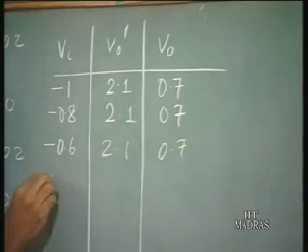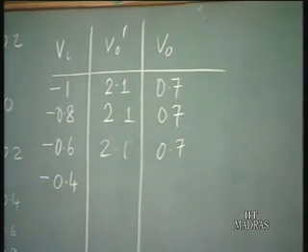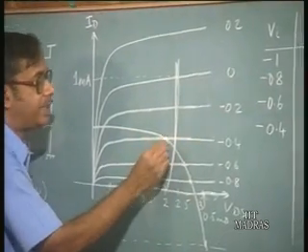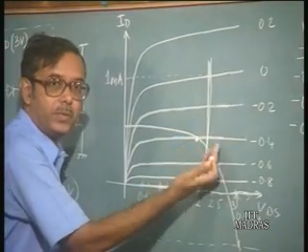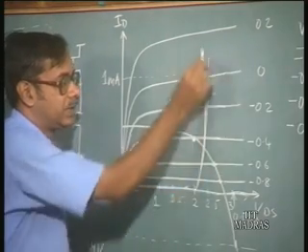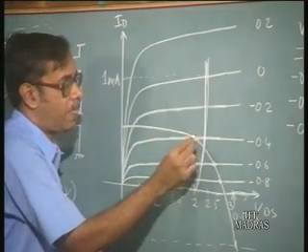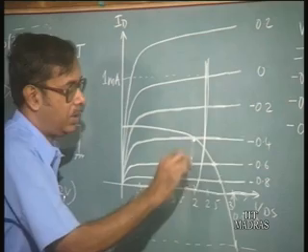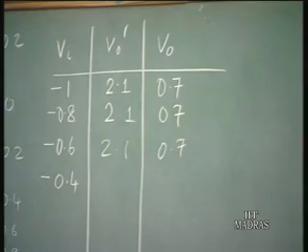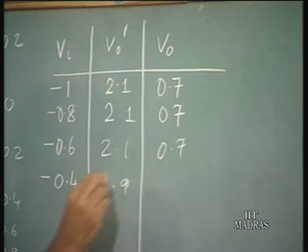Now, if we go to minus 0.4, this is the minus 0.4 curve. The point of intersection is here, which is on this side of this curve, so the output voltage is going to be almost equal to 2 volts, say 1.9 volts.